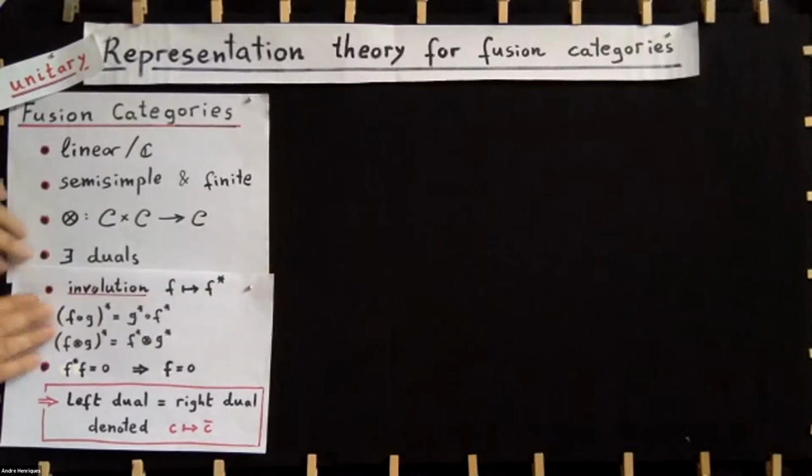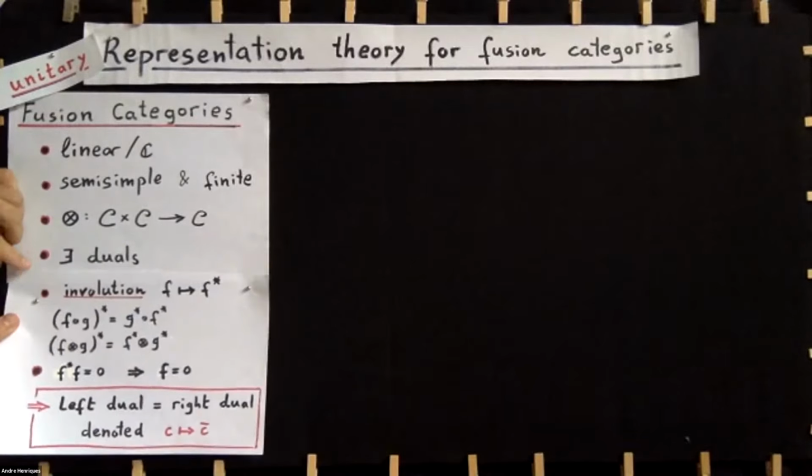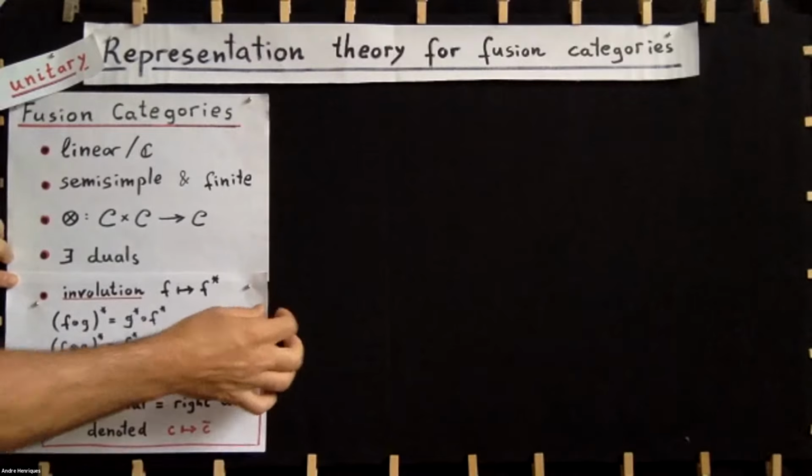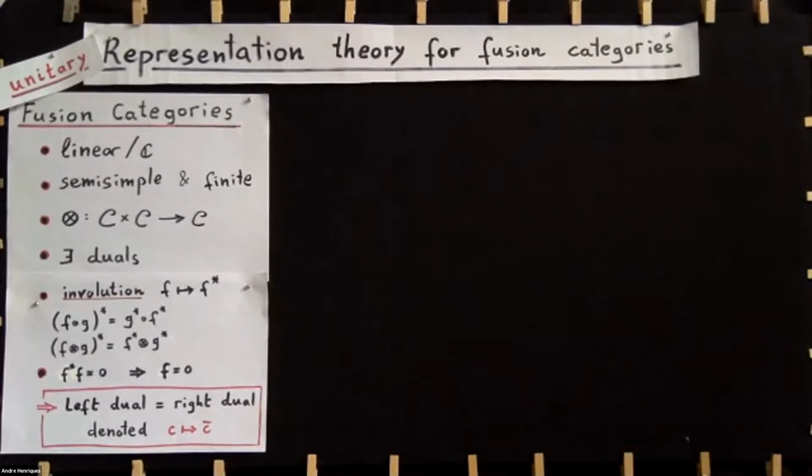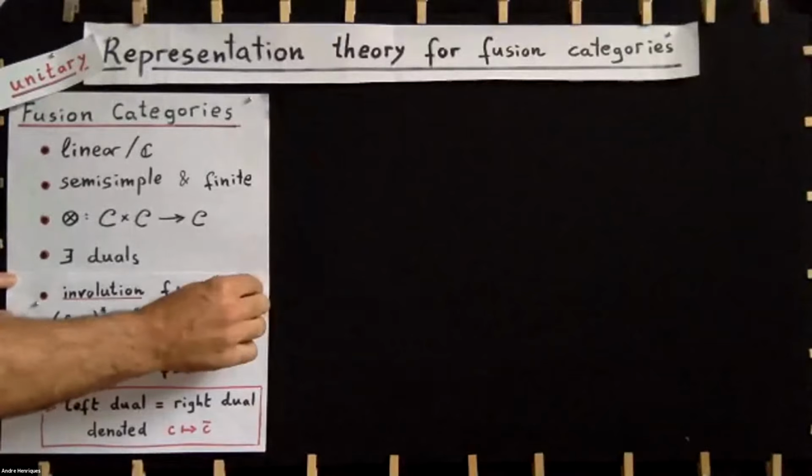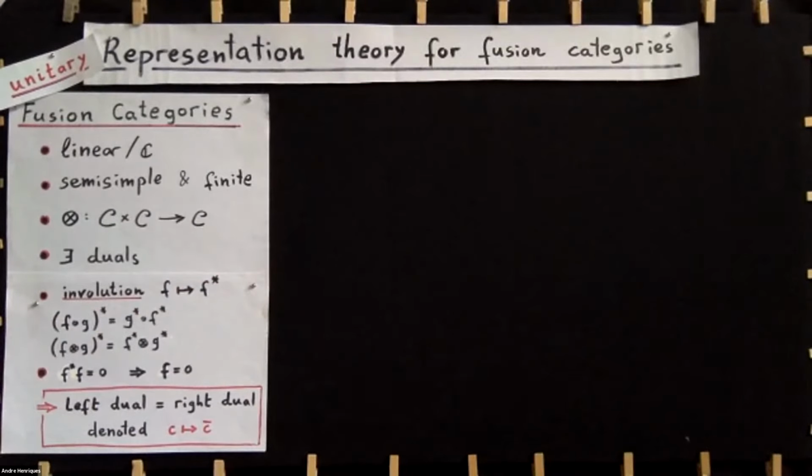If I have a morphism F, say F goes from A to B, then I postulate the existence of a morphism F star that now goes the other way around from B to A. And this needs to satisfy a couple of algebraic identities, namely, first of all, this is antilinear. I didn't write that down, but that's part of the axioms. Then (F compose G) star is G star F star. And for the tensor product, there's also a similar equation where the order is not reversed.